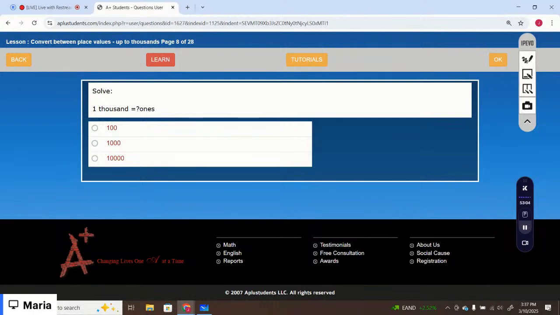1000 is equal to how many ones? 1000 equals 1000 ones.